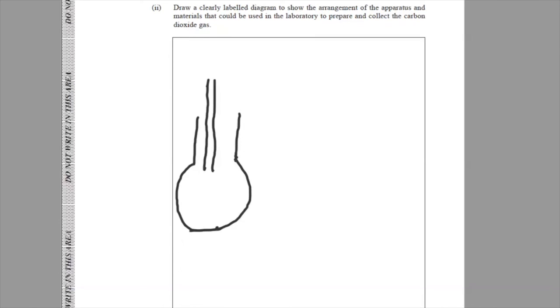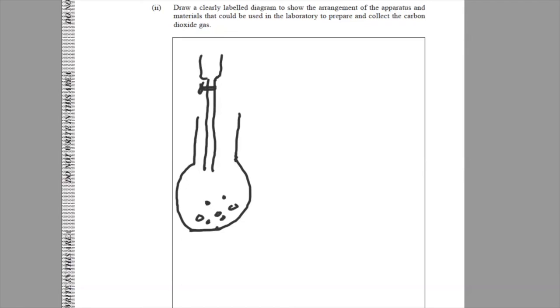Judge the straightness of my lines or the lack thereof. But of course, on flat paper with pencil and rulers, your diagram should be neat. All right, so here we're going to have marble chips, or what we call calcium carbonate.